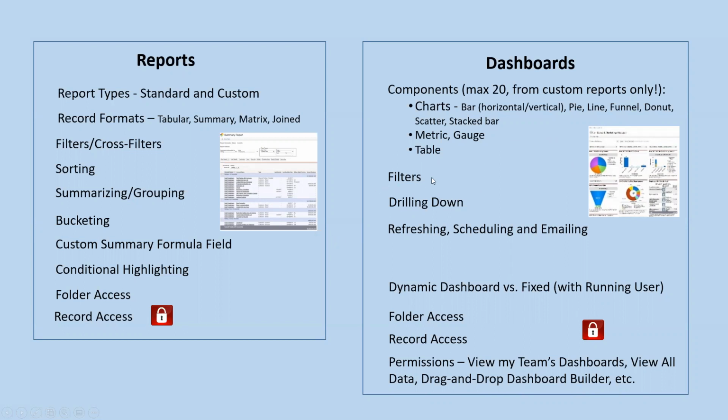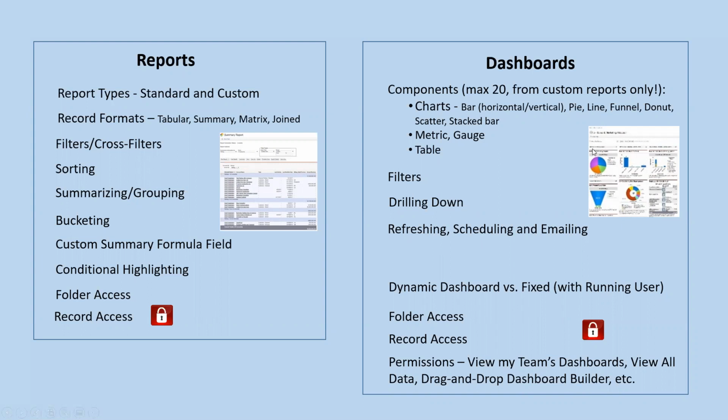You can set up filters for the entire dashboard so the users can change the data that is shown in the dashboard. You can allow the users to drill down to the reports that underlie the components. Dashboards need to be refreshed. They don't automatically refresh when you just view a dashboard.